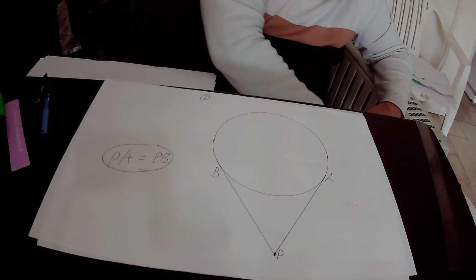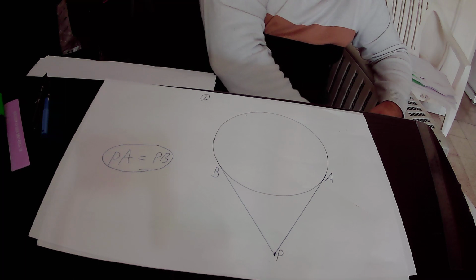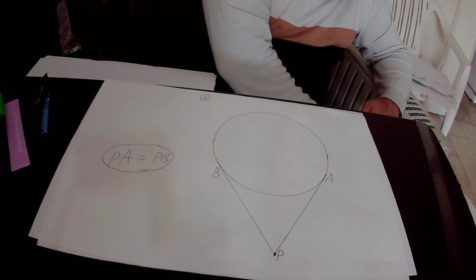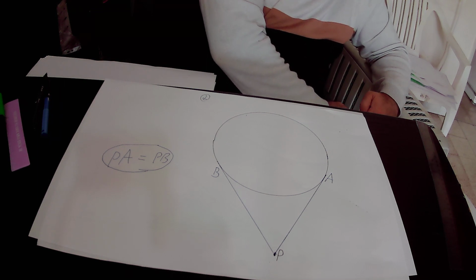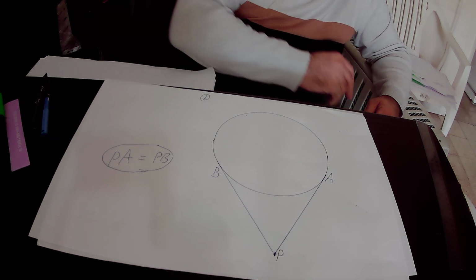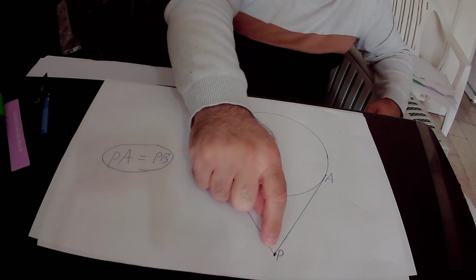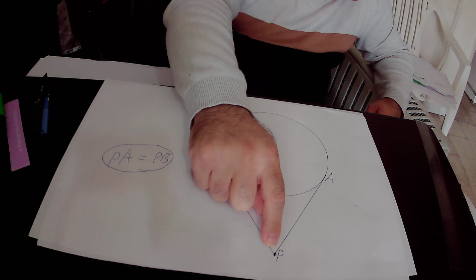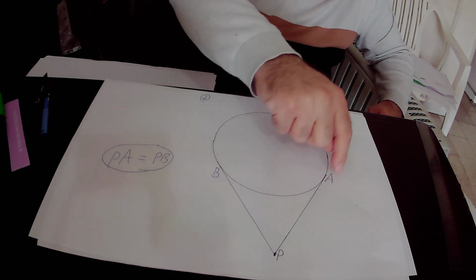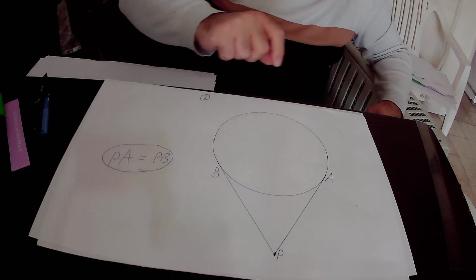Then according to rule number 1, the lengths of two tangents from a common external point to a circle are equal. So the lengths of tangent PA and tangent PB, from point P to the black circle, are equal.